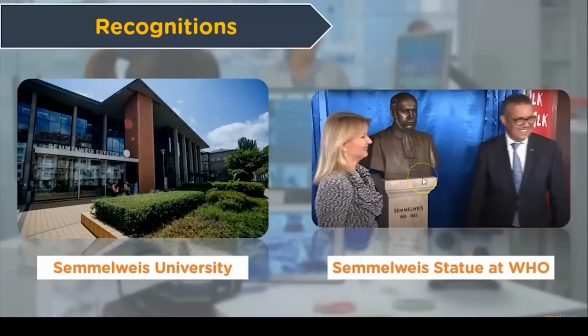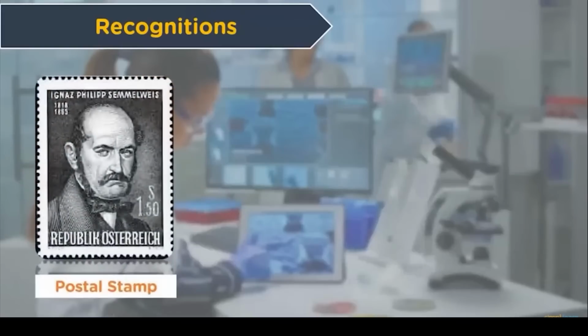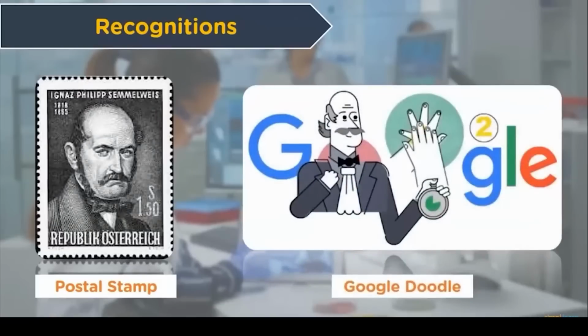On the left, we have the State Secretary of the Ministry of Foreign Affairs and Trade from Hungary. On the 100th anniversary of his death, the government of Austria issued a postage stamp in his honor. And in March 2020, after the world was hit by coronavirus, Google also recognized Semmelweis' hand-washing findings and gave him a Doodle.